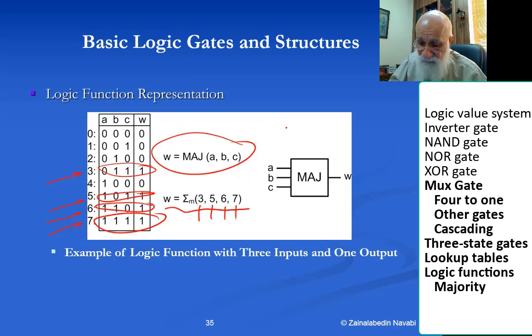Let's do the XOR. So we can say that A XOR B XOR C is the same as, now look at the min terms.